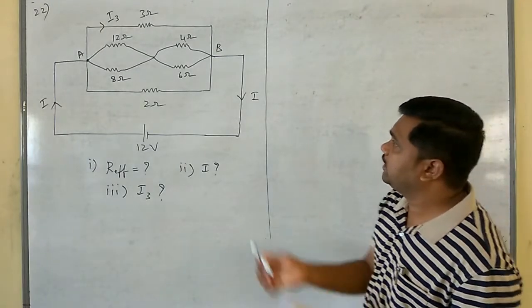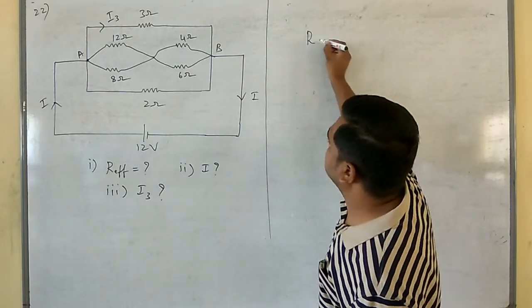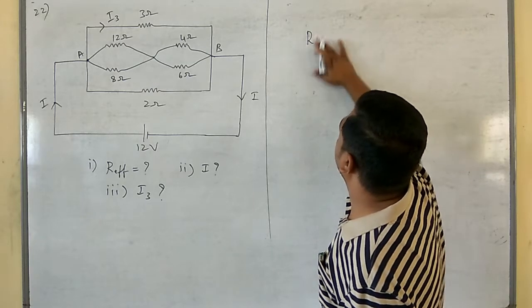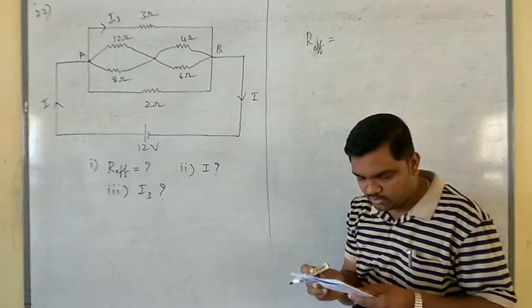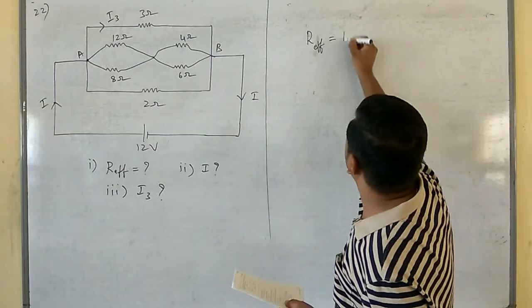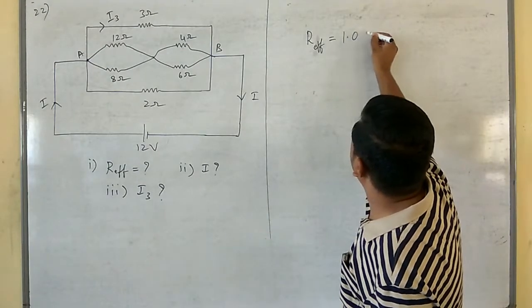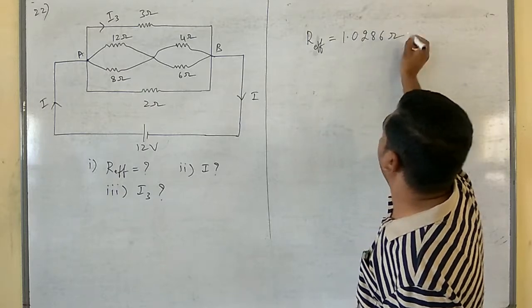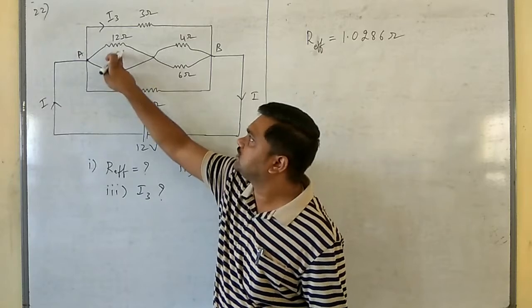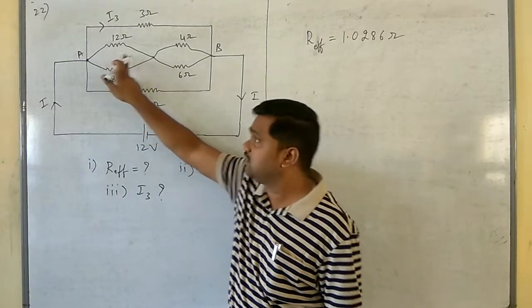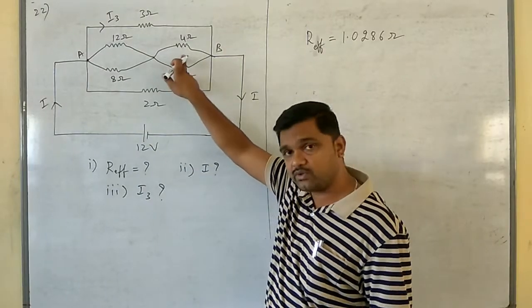Finally you have to get Rp or simply R effective, the value of R effective as 1.0286 ohm. Very simple. First you solve these two, you get one resistor. Next solve these two, you get one resistor.